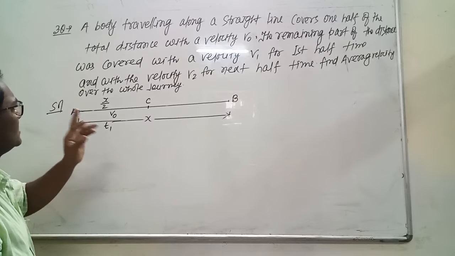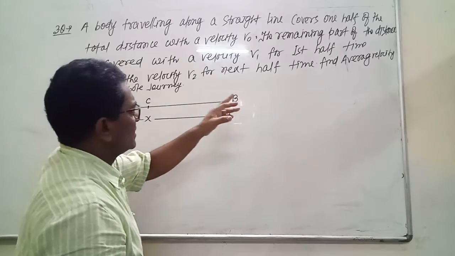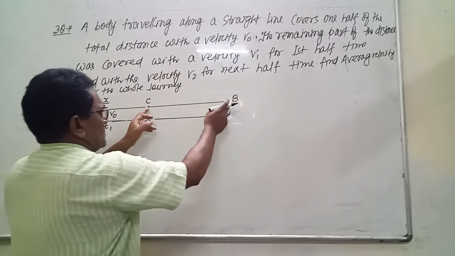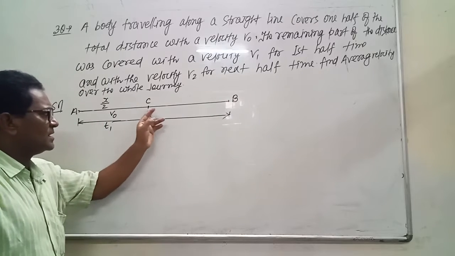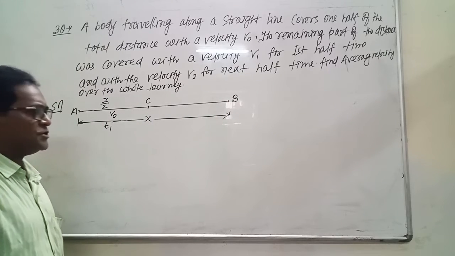The remaining part of the distance was covered with the velocity v1 for the first half time. Suppose time taken to cover the distance CB is t2.